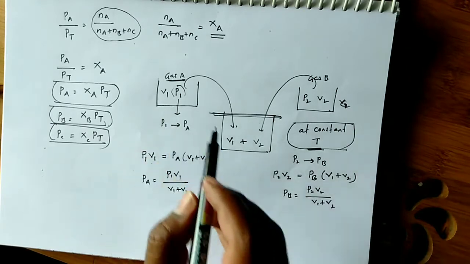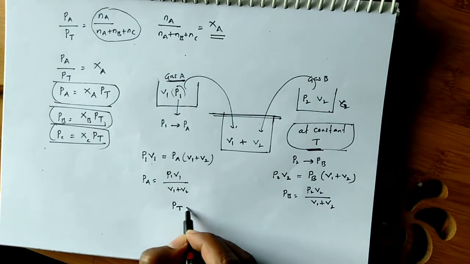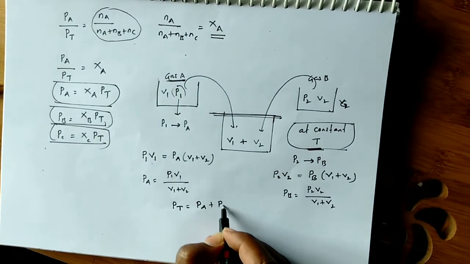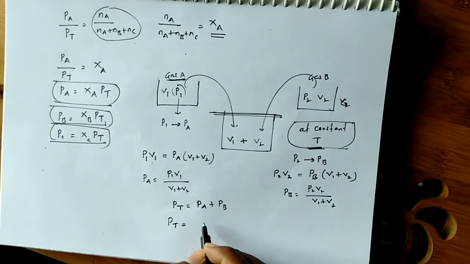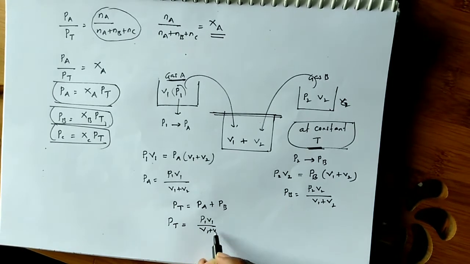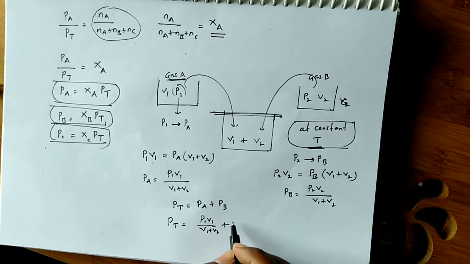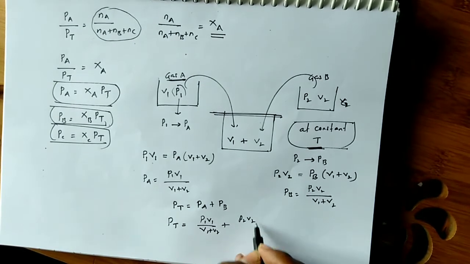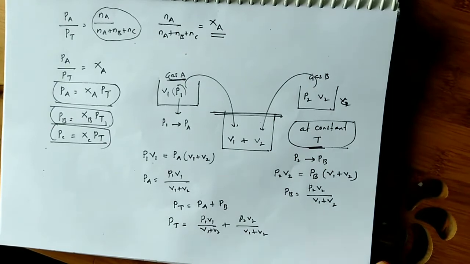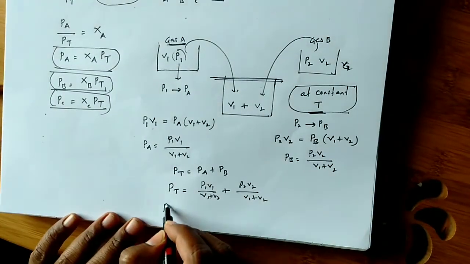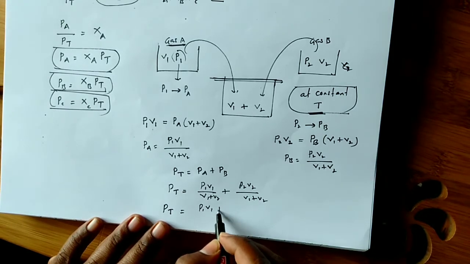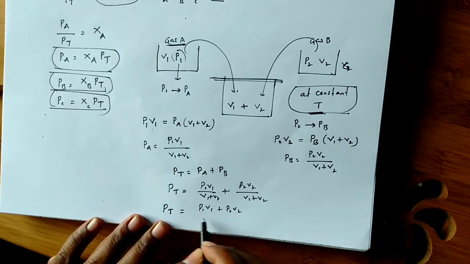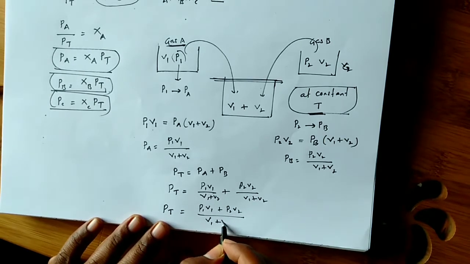According to Dalton's law, total pressure of mixture equals partial pressure of A plus partial pressure of B. So total pressure PT equals P1 V1 by V1 plus V2 plus P2 V2 by V1 plus V2. So total pressure is equal to P1 V1 plus P2 V2, and V1 plus V2 is common.